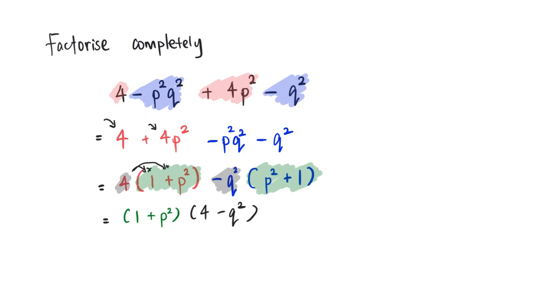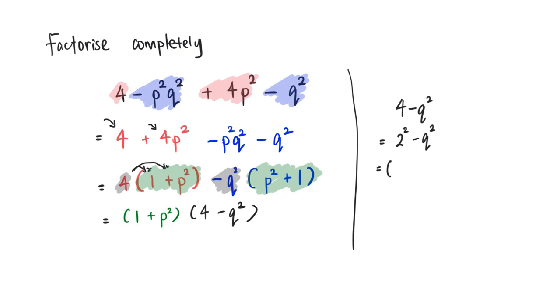And I paused for a while because I realized that, hey, can I factorize 4 minus q square? And the answer is yes, because 4 minus q square can be written as 2 square minus q square.